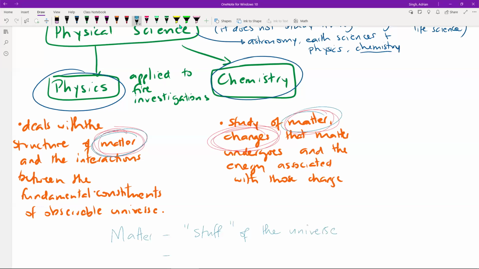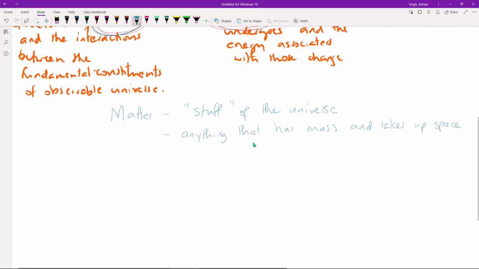Okay, and we can define it more technically as saying matter is anything that has mass and takes up space. If you think about it, that is everything around us and everything in us as well.